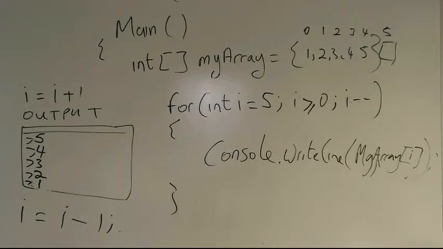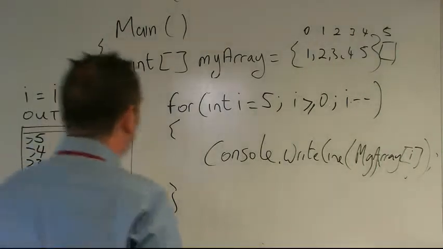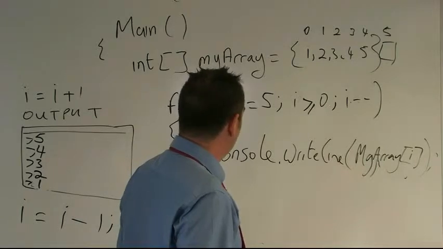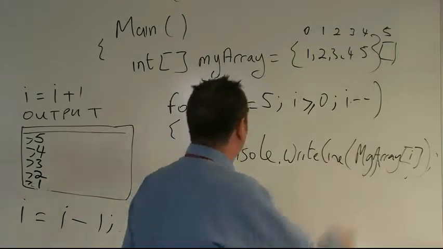Could you use i is not equal to 0? Barry, could you use i is not equal to 0? If you want me to answer that, can we use i is not equal to 0?